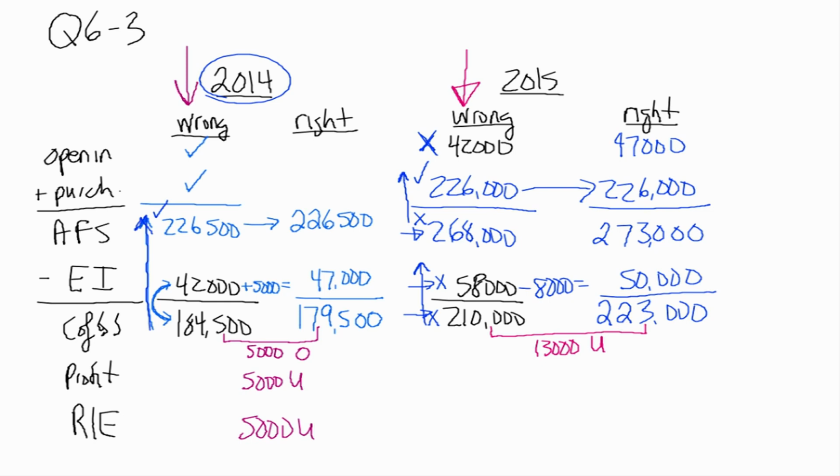All right, 13,000 understated. So now, what about profit? Okay, so profit is overstated. And retained earnings is overstated also by $13,000? No, it's only overstated by $8,000. Does everybody understand why it's only $8,000?